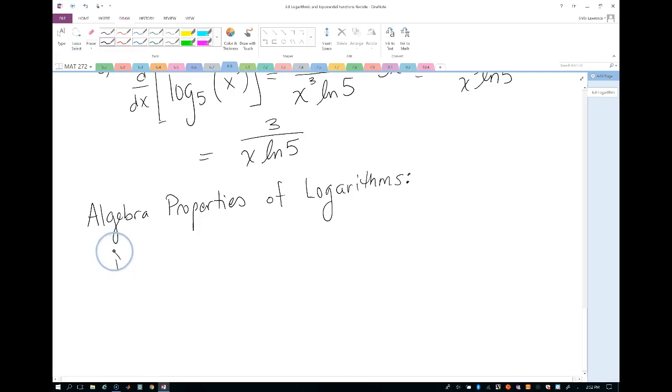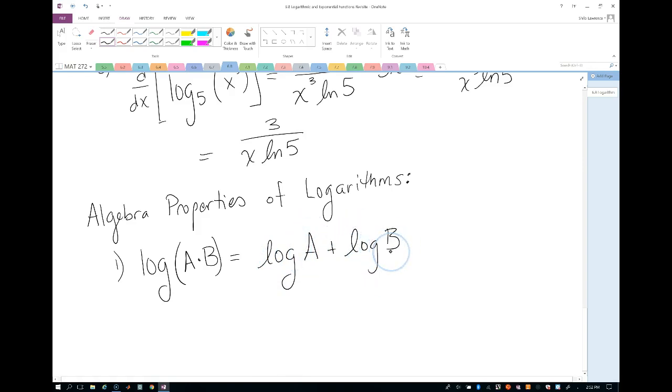If you have any type of log, it could be log base 5, it could be natural log, it could be our common log, which is log base 10, and inside of that log you are multiplying, you can, if you choose to, split that into 2 separate logs with addition between. And that could make a derivative much, much easier. Instead of having to do a chain rule and then a product rule, if we could get those separated, then it turns into just 2 simple log derivatives.